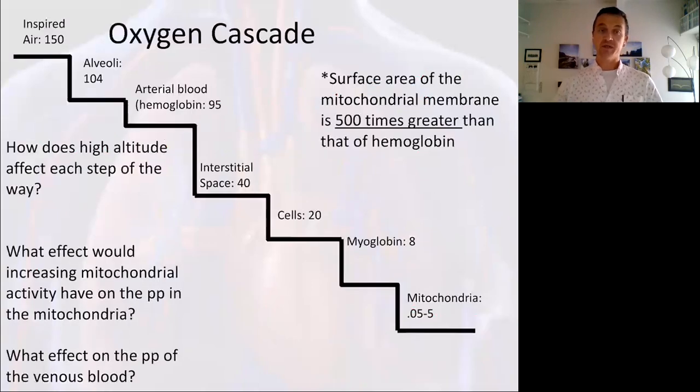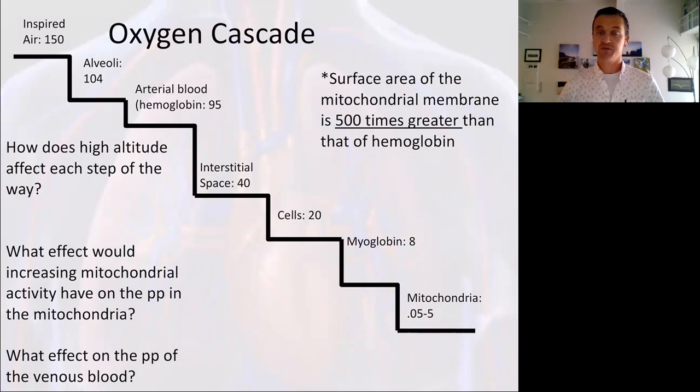Okay, and so why do we care about that? Well, we care about that because of this situation that we have inside of our bodies called the oxygen cascade. Okay, so the overall idea of the oxygen cascade is that in order to get oxygen all the way from the atmosphere down to the mitochondria where we can use it in oxidative phosphorylation, every step in that chain of steps has to be a drop down in partial pressure in order for oxygen to move.